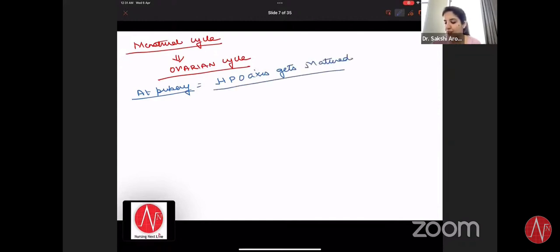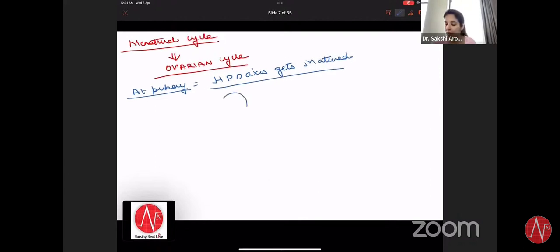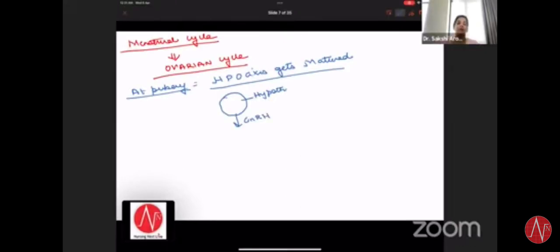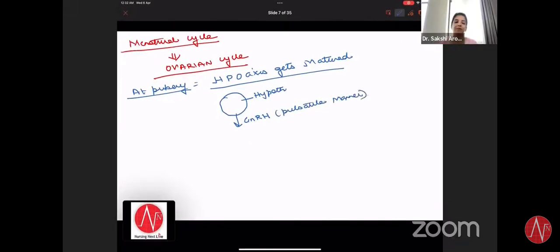HPO axis का maturation होगा. H का मतलब hypothalamus. Hypothalamus release करेगा GnRH. Hypothalamus से hormone release होता है GnRH. This GnRH is released in a pulsatile manner. Pulses में release होता है GnRH. This GnRH acts on the anterior pituitary.